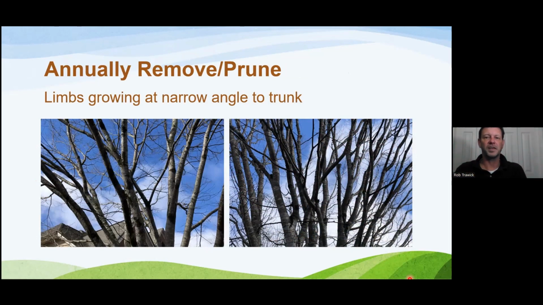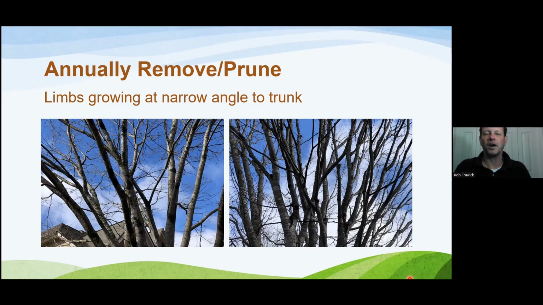We want to trim these and get these off, because what ends up happening when you have very narrow angles with branches next to each other is you end up with branches growing against branches, and as they grow, they almost grow themselves to split.